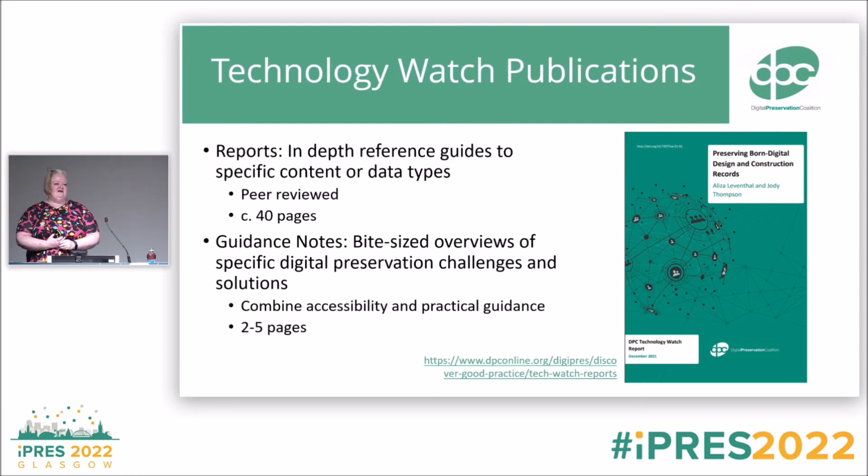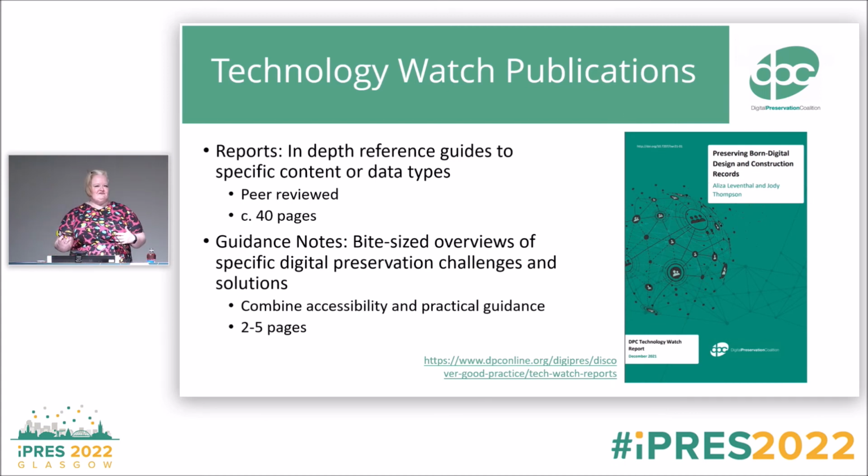We also have a lighter weight series called our Guidance Notes, which are bite-sized overviews of specific digital preservation challenges or solutions. And they're really about combining practical guidance like you would get in the Tech Watch report with more accessibility. So they're generally between 2 and 5 pages long.